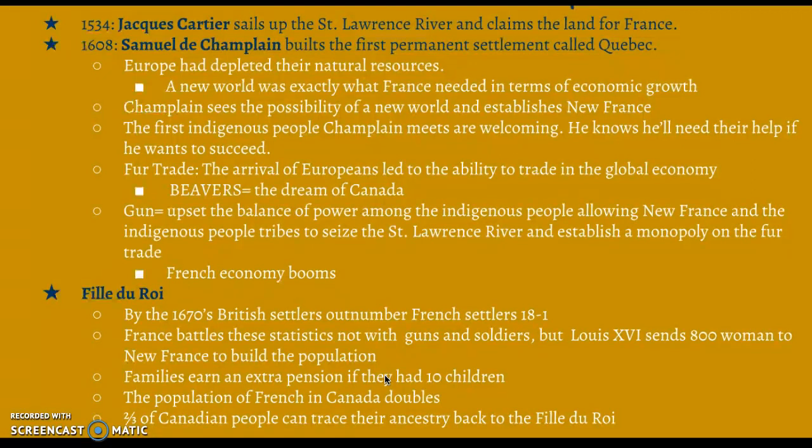They were able to build the population up to compete with the British population. And we can still trace back, two-thirds of Canadians still can trace their ancestry back to these women. Because those women were sent to Canada, the French population was able to build, and it gave a stronghold for French culture in Canada that we can still see today.